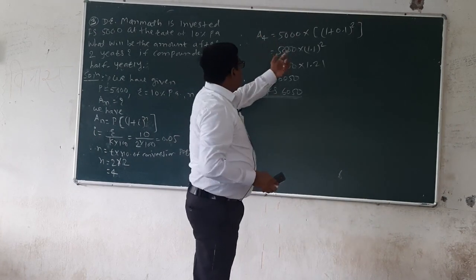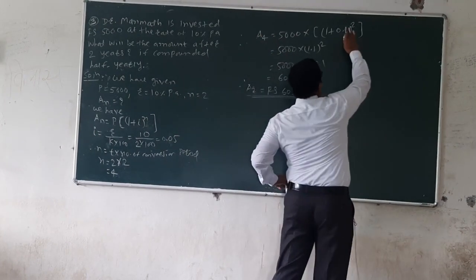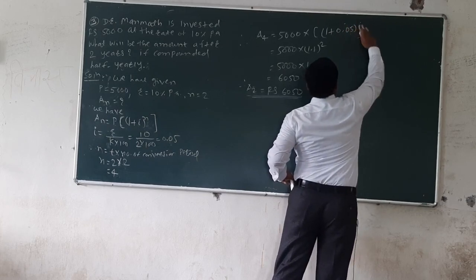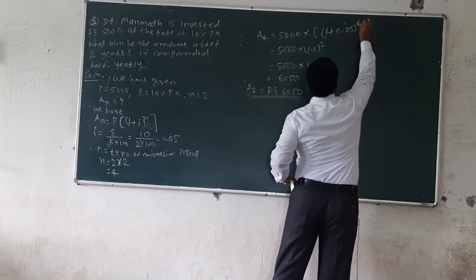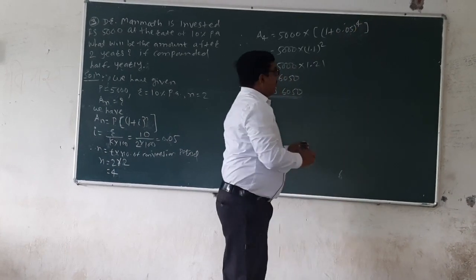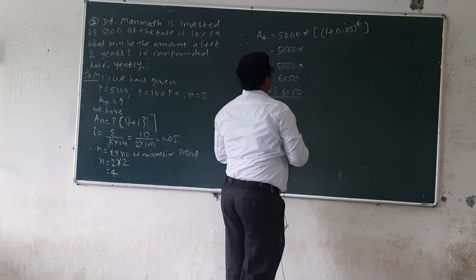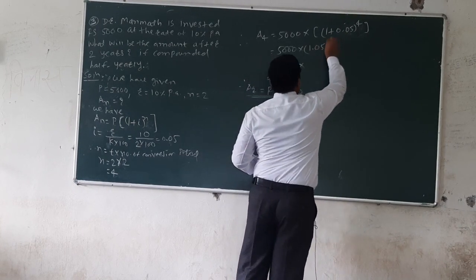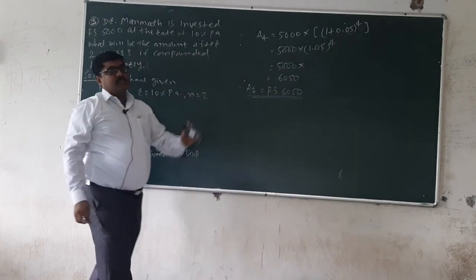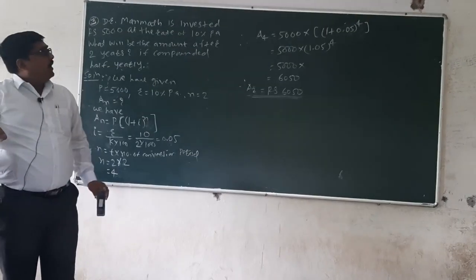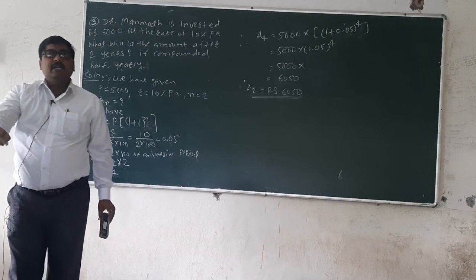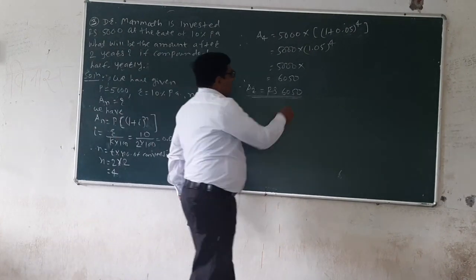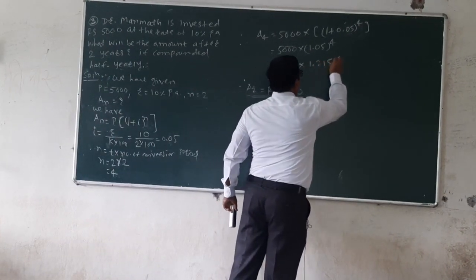Now 5000 into (1 plus 0.05) raised to power 4. 1.05 raised to power 4 means 1.05 is multiplied 4 times, so 1.2155.